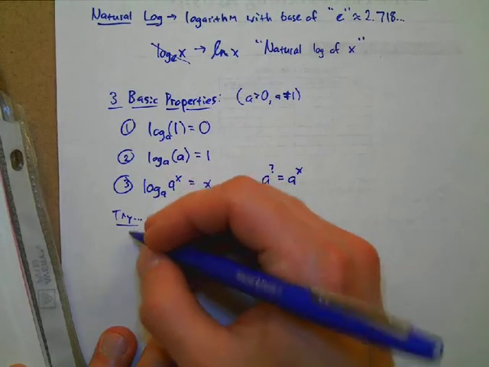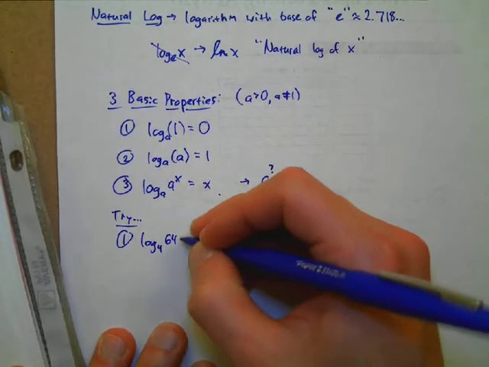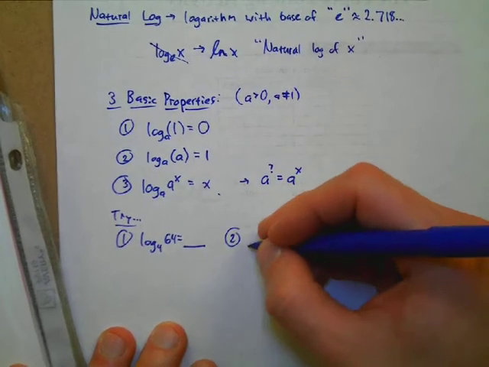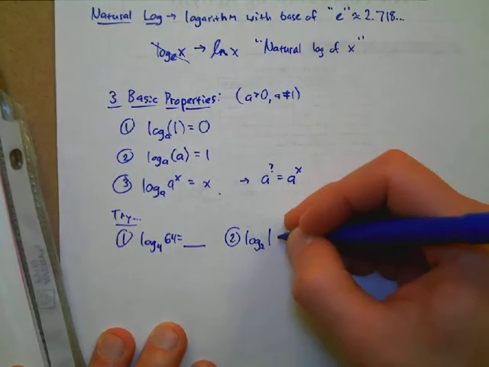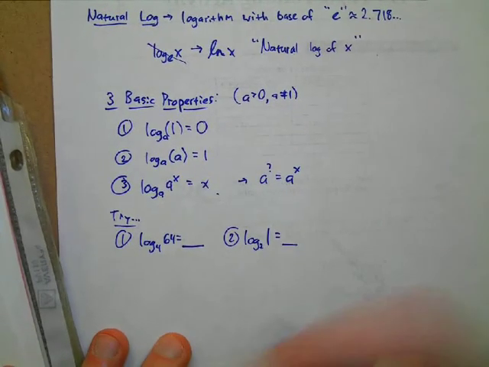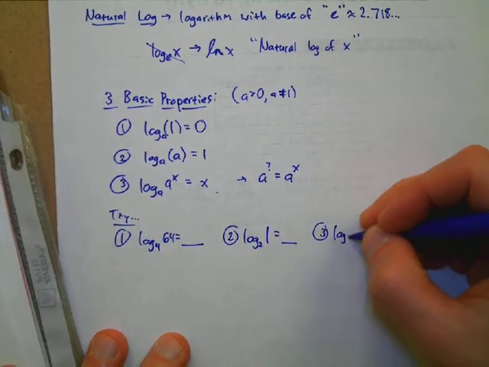Number 1, please tell me what log base 4 of 64 equals. Number 2, please tell me what log base 2 of 1 is equal to. Hint, that is one of our basic properties. You can use the basic properties to help you there. And then number 3, log base 3 of 1 over 9.